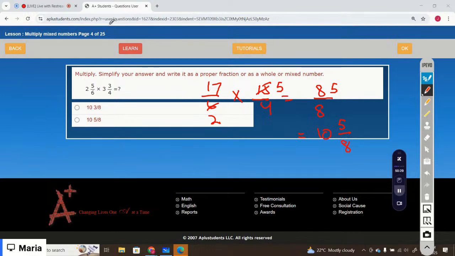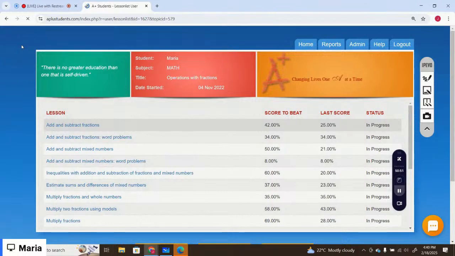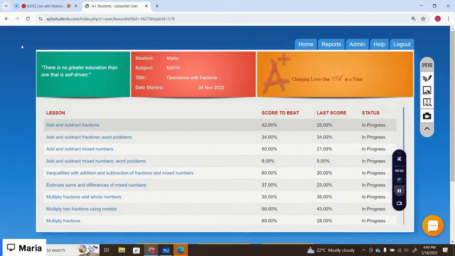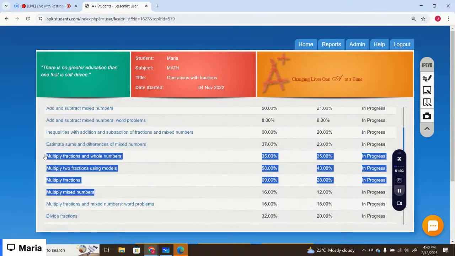Okay, we are done with the lesson. So we were working on grade 7 math. The chapter we were working on is operations with fractions. The lessons we have covered today are multiply fractions and whole numbers, multiply two fractions using models, multiply fractions, and multiply mixed numbers.